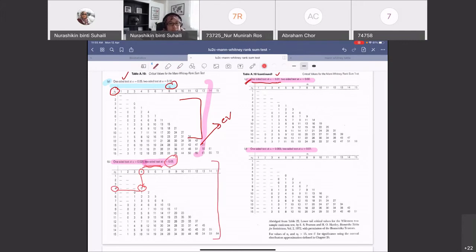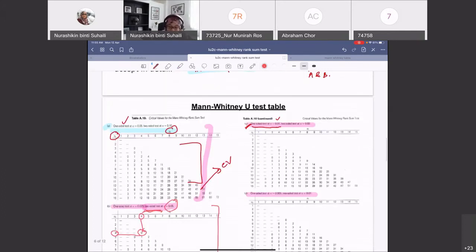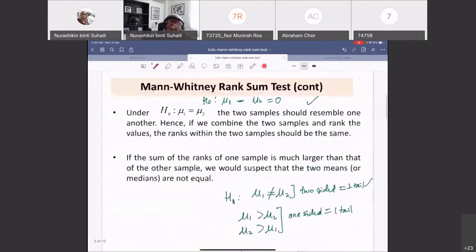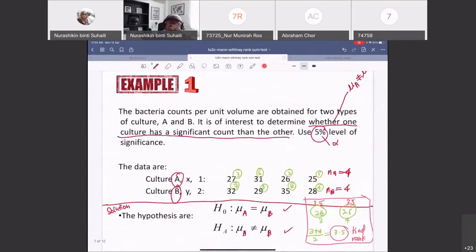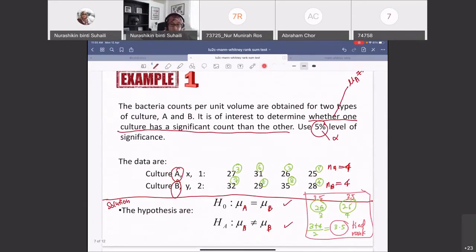May I ask where do we get the number 4? The N. Oh, okay. If you see the question again, this information is given to you as a problem.